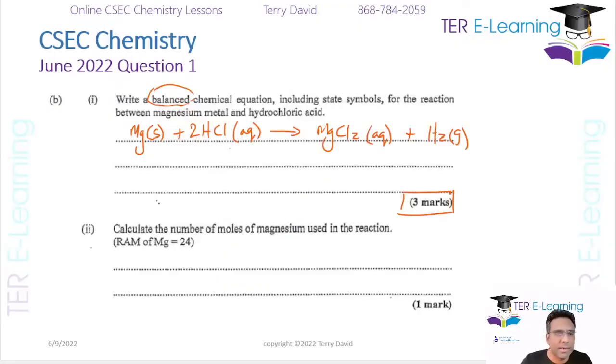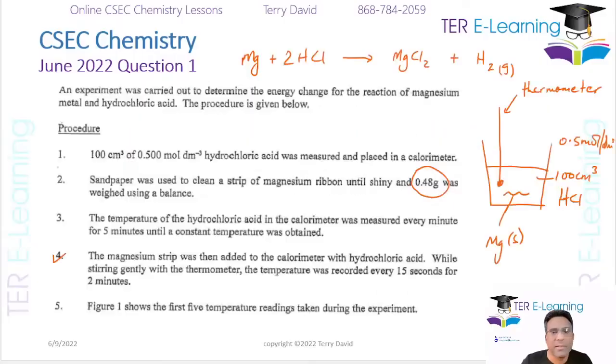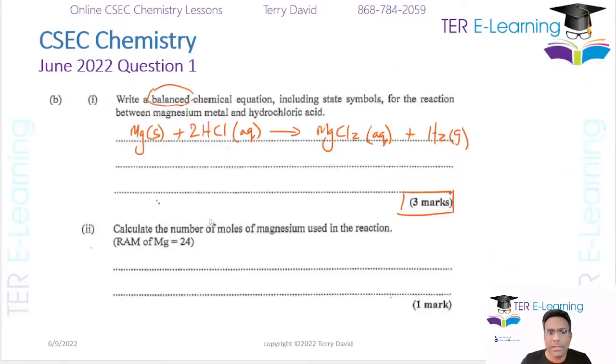So, hold on, I forget the number already. 0.48 grams. All right, so they told us the relative atomic mass of magnesium. So all we need to do here is to say 24 grams contains 1 mole, right?